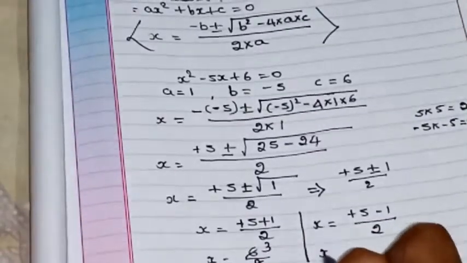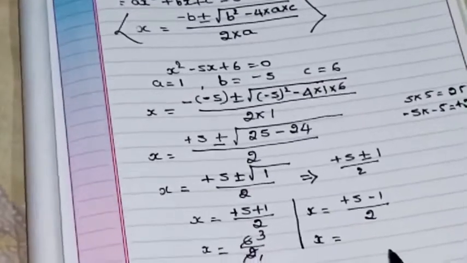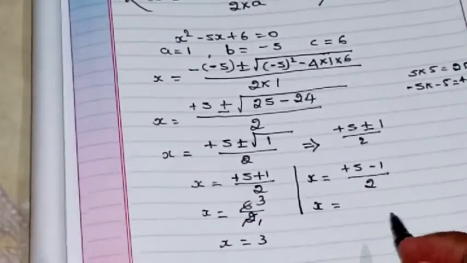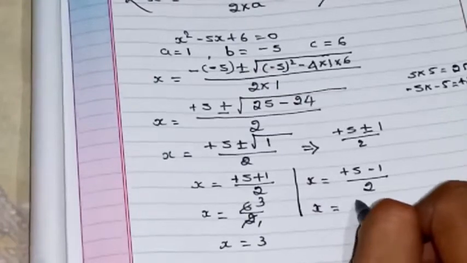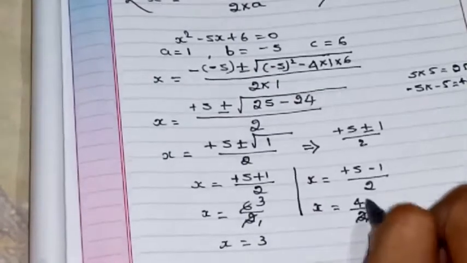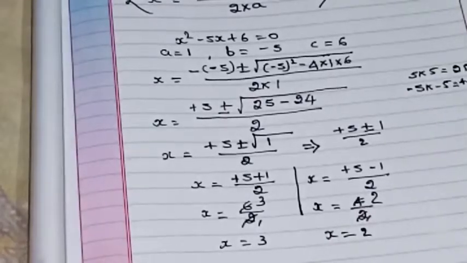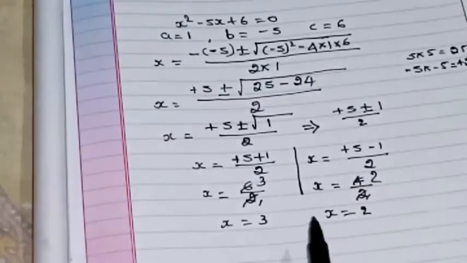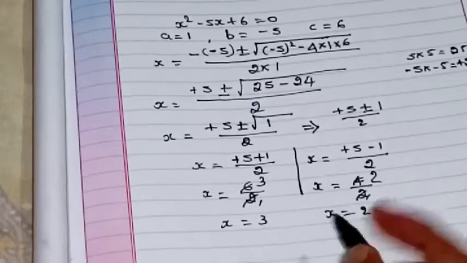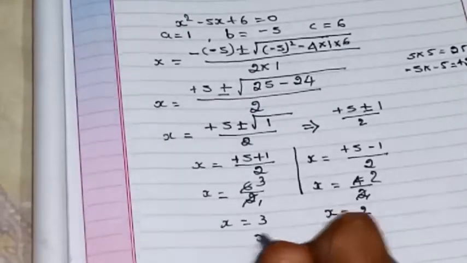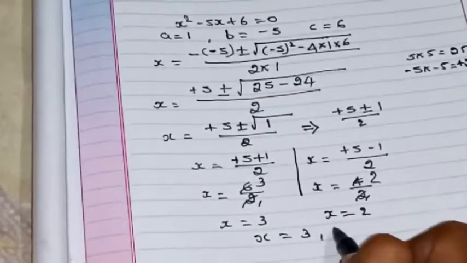Now here x is equals to 5 minus 1 is 4 divided by 2, 2 twos are 4, so therefore x is equals to 2. So what is the meaning of this? The roots are 3 and 2, so therefore the roots are x is equals to 3 comma 2.